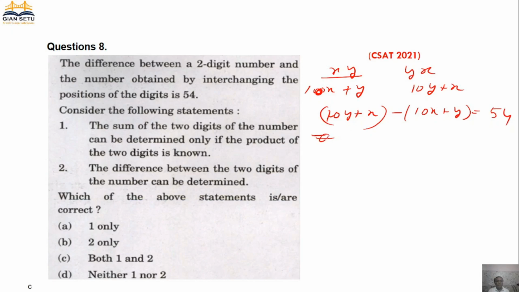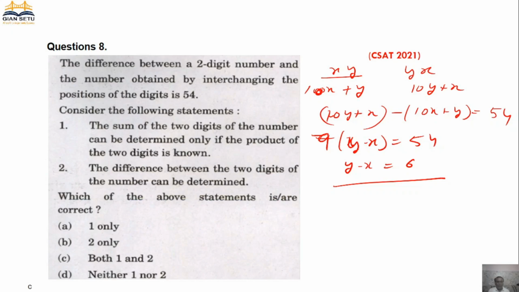Now we can write 9 into (y minus x) is equal to 54. Now y minus x is equal to 6. Now statement 1 is: the sum of the two digits of the number can be determined only if the product of the two digits is known.